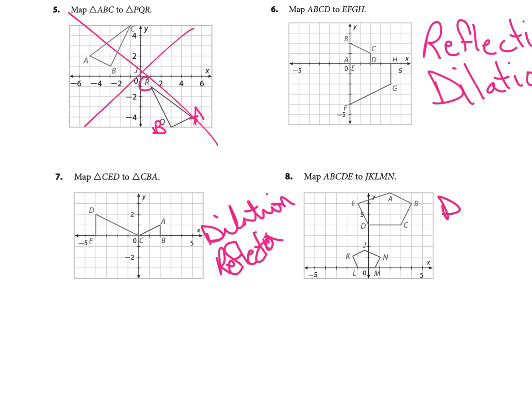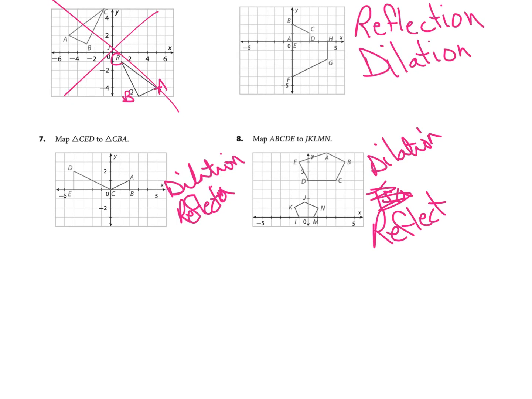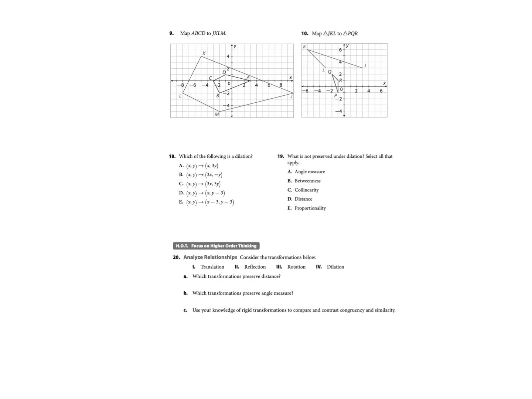I think this is going to be a dilation and a translation. A, B is J. Okay. No, there's a reflection in there. And then maybe a translation. But that would be okay. That's just a flip.